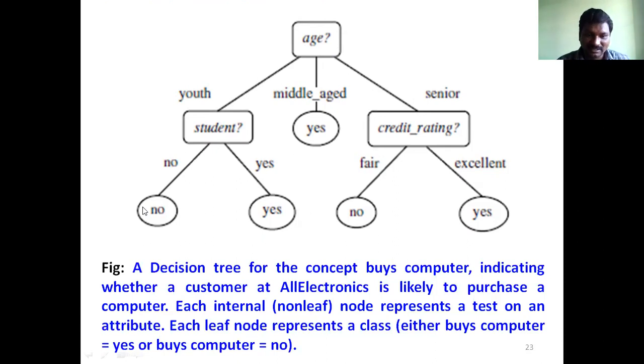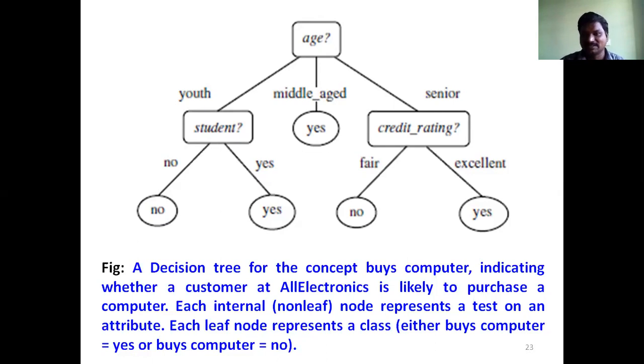No means the class label here indicates buying the computer or not. No indicates not buying the computer. Student yes, then yes, he will buy the computer. If the age equals youth and he is a student, then he buys the computer. For the middle aged person, he has more income, so he will buy the computer.